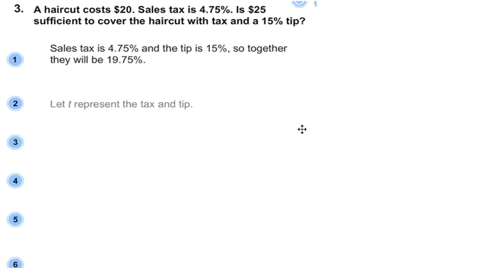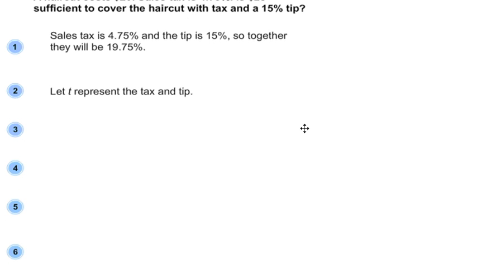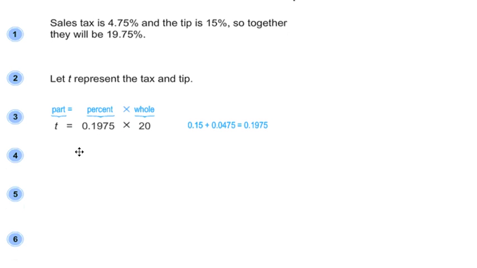So we're going to let T represent the tax and the tip because we have a new percentage, 19.75. So we're going to find out how much is 19.75% of our $20. So let's convert our percentage into a decimal, so that's 0.1975. I'm going to multiply it times my $20, and that equals $3.95.